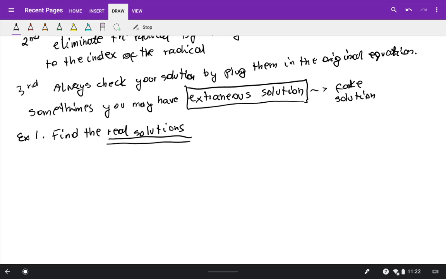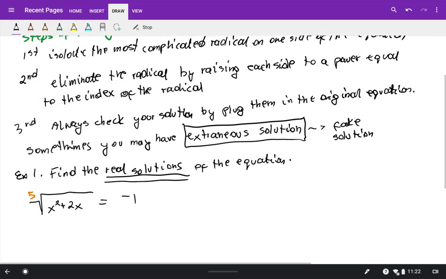So find the real solution of the equation: the fifth root of x squared plus 2x equals -1. Under the radical you have x squared plus 2x, and the index of the radical is 5.